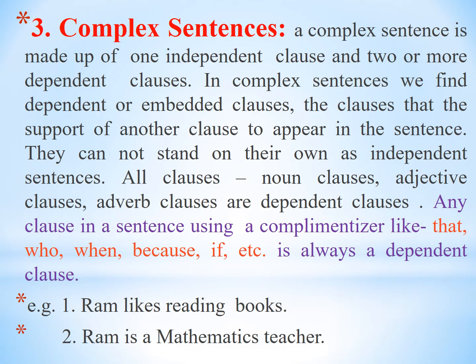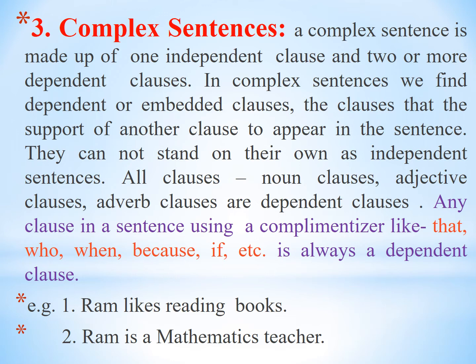Third type of sentence is complex sentence. A complex sentence is made up of one independent clause and two or more dependent clauses. In complex sentences, we find dependent or embedded clauses, the clauses that need the support of another clause to appear in the sentence.